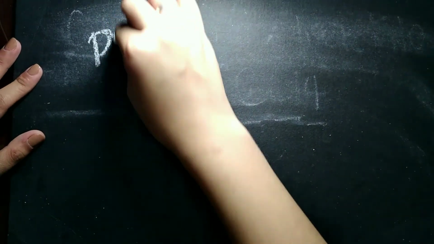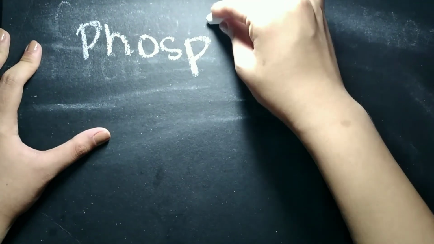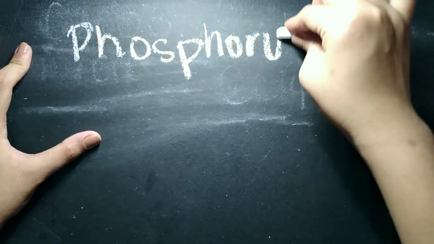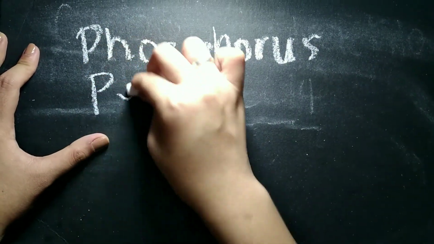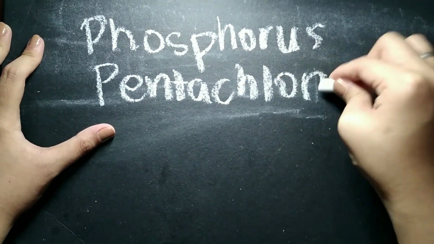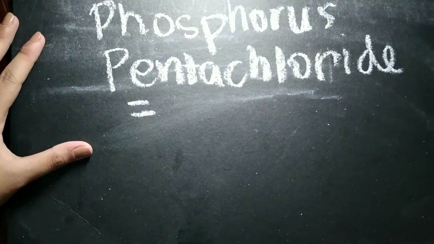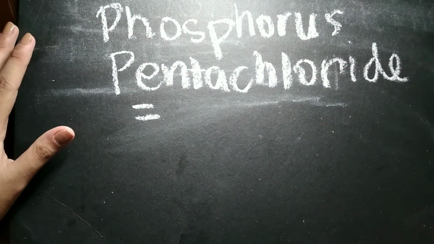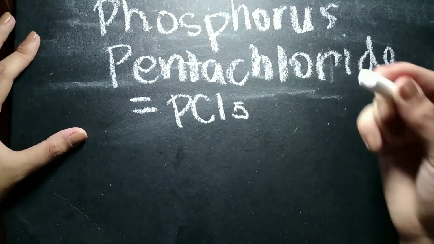So, the number 2 example is phosphorus pentachloride. The covalent formula is PCl5.